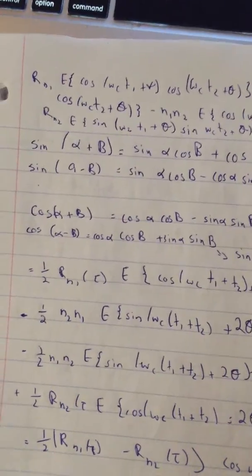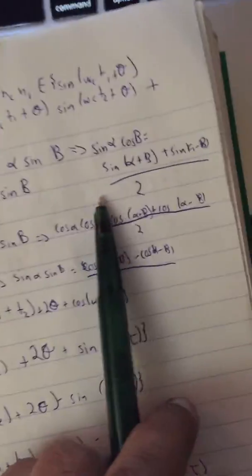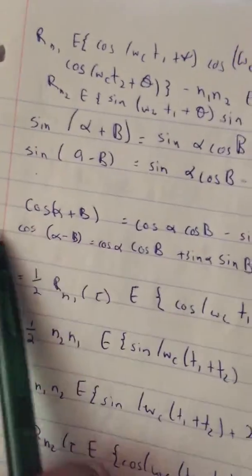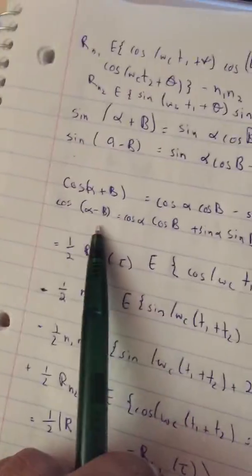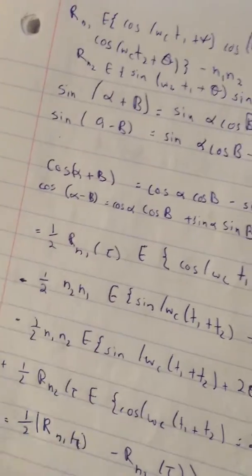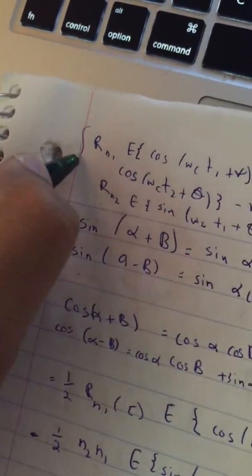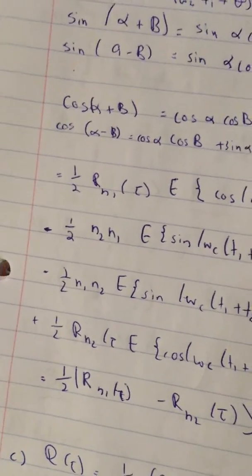And then we're going to use some trig functions here. So sine of a plus b gives us this, and then sine of a minus b gives us this, and then the cosine identities give us this, cosine gives us this right there. So using these and using this little equation right here, we can start working on it a little bit.